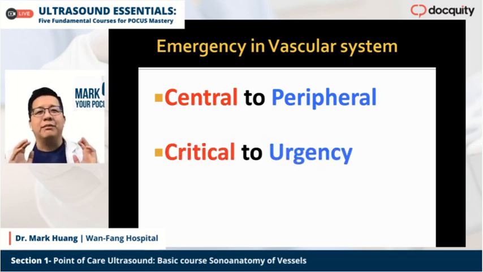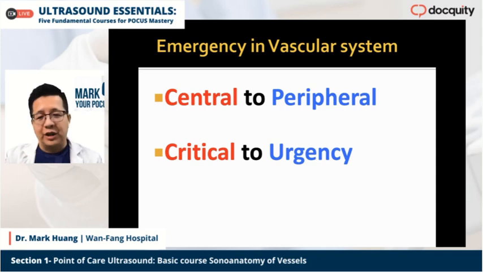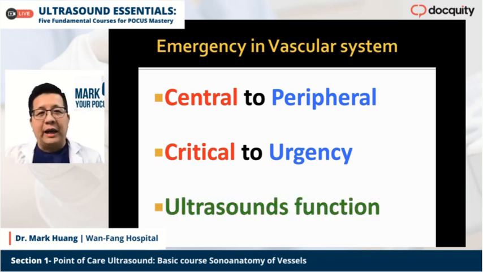And I will think about the crucial diagnosis first, the urgent ones. Then I need to make sure: ultrasound cannot solve every diagnosis or screen every anatomic structure, but we need to know ultrasound's function. It will help us apply it appropriately.